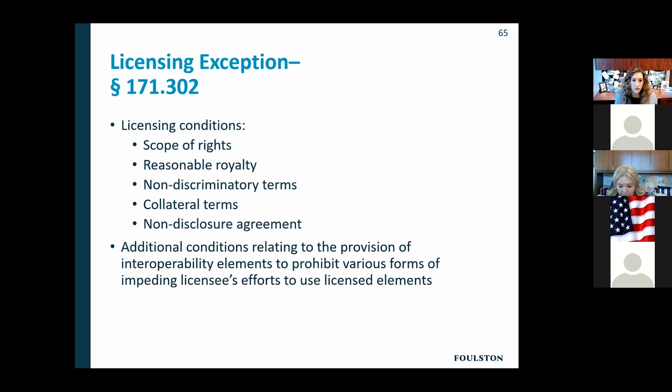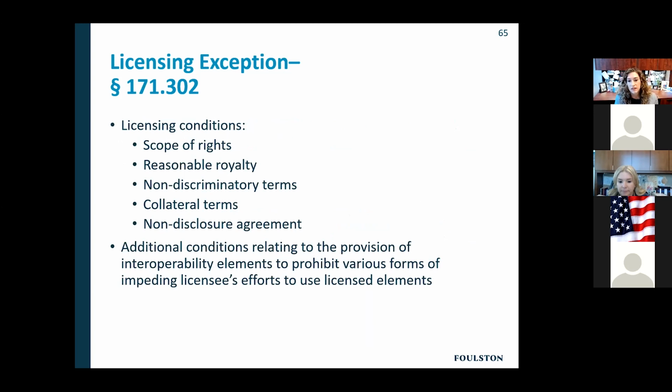The idea is that there would be an agreement in place as part of this negotiation of the licensing exception, and that the licensing agreement or the conditions on the licensing would include some sort of scope of rights, reasonable royalty terms, non-discriminatory terms, and probably some sort of non-disclosure agreement you can have in a licensing exception.